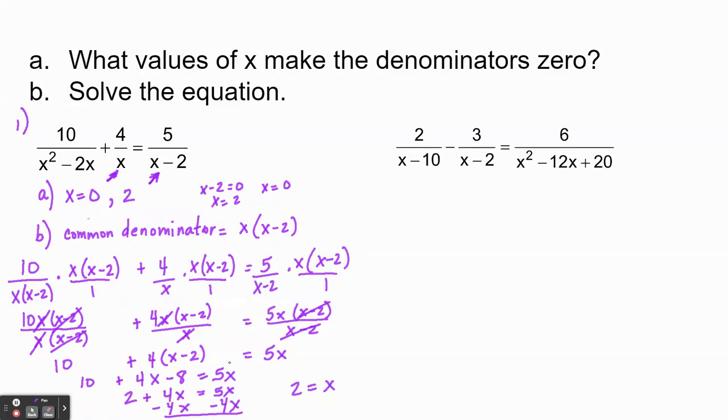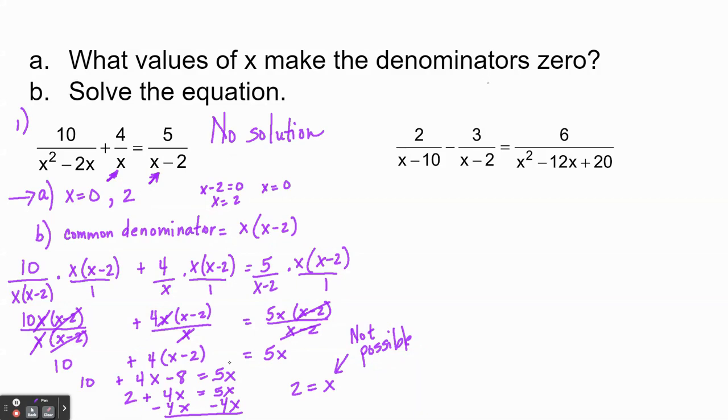However, once you look back at part A, we said that if x is 2, then the denominator is 0. So we know this is not possible. And what that means is that we're going to have to say that there is no solution for this one, because the solution that we found made the denominator equal to 0.